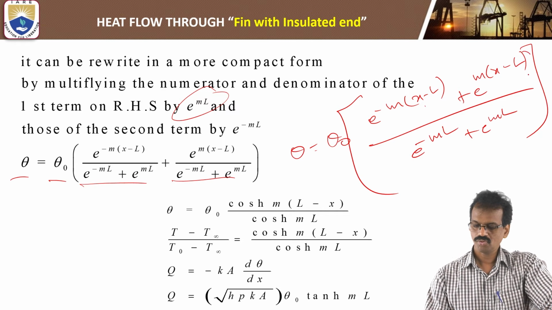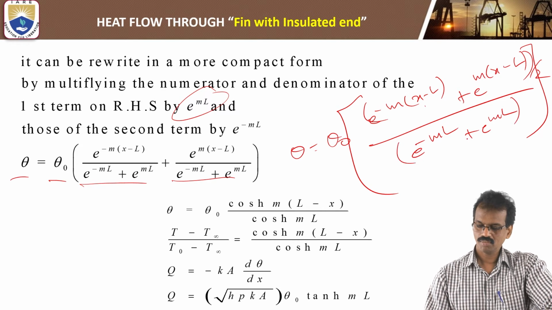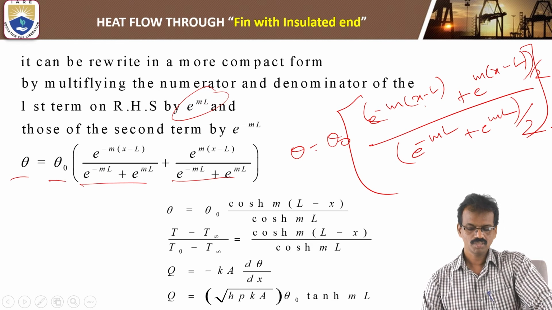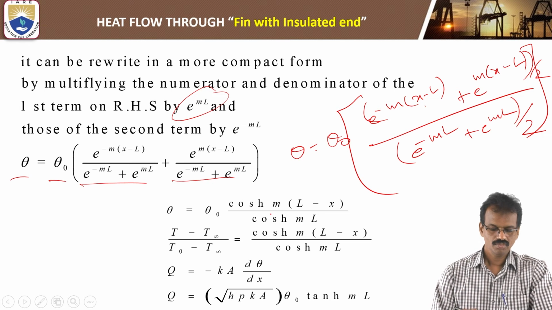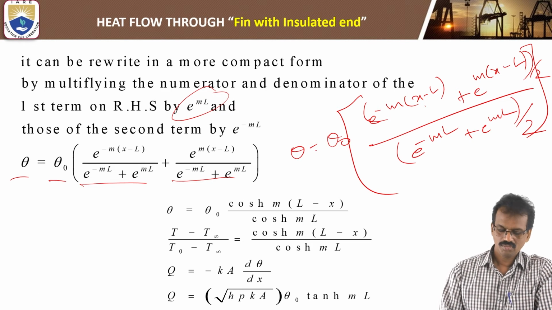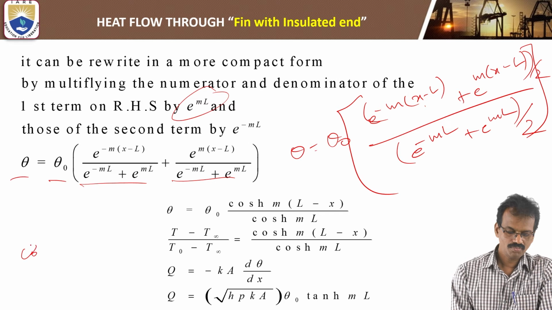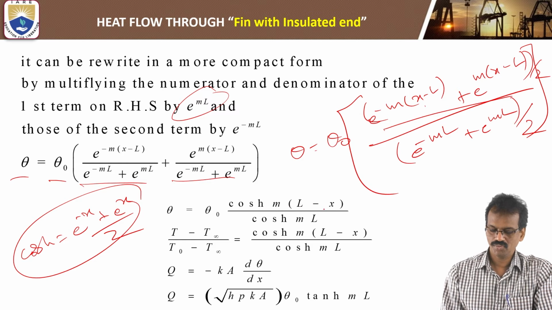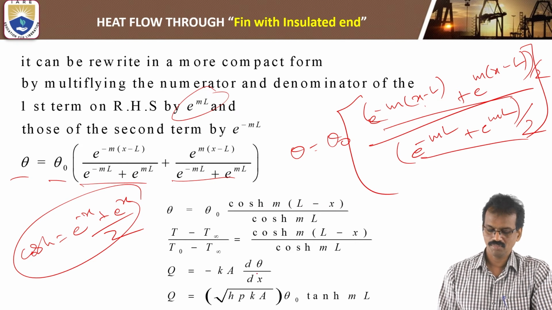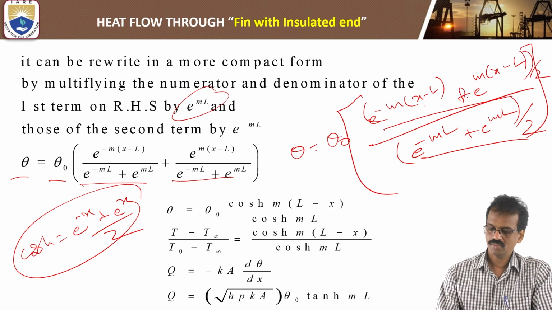If you take this total term by 2, and this total term by 2, then the hyperbolic functions cosh and sinh will come. The cosh formula is equal to e to the power of minus x plus e to the power of x by 2. Based upon this formula, this term is nothing but cosh m into l minus x, and this term is equal to cosh ml, because these are the pluses.